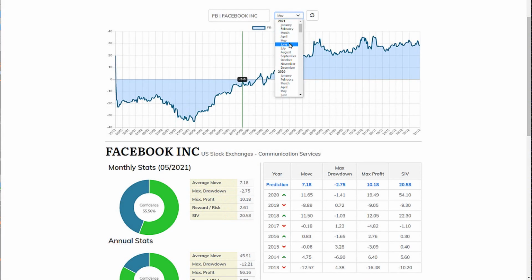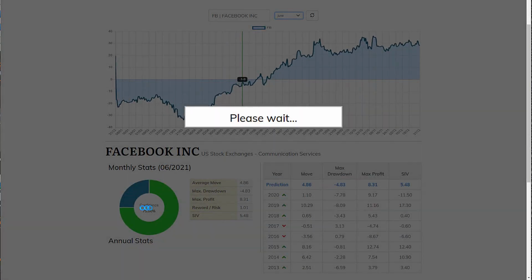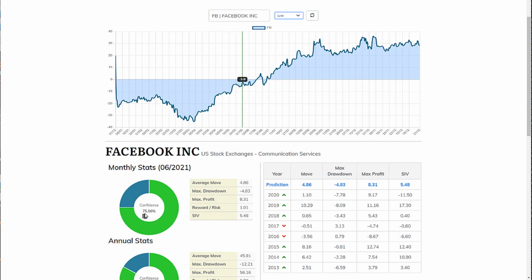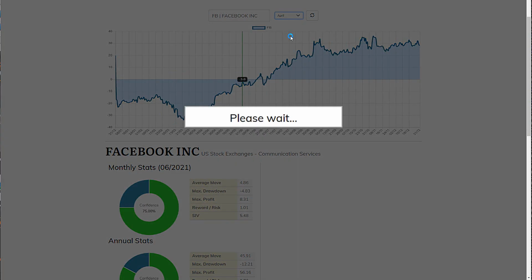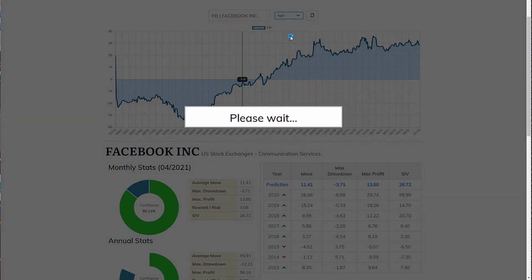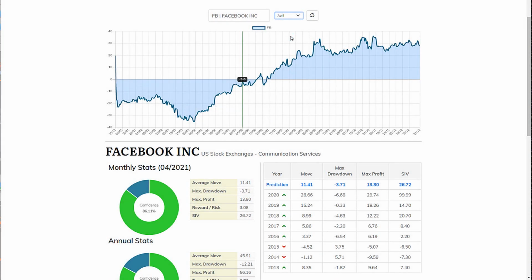And then you could see in June, it could resume or consolidate. So the biggest trade here for Facebook the entire year is in April. So if you're going to trade Facebook, the best time is to trade this in April, and you could see the statistics there.